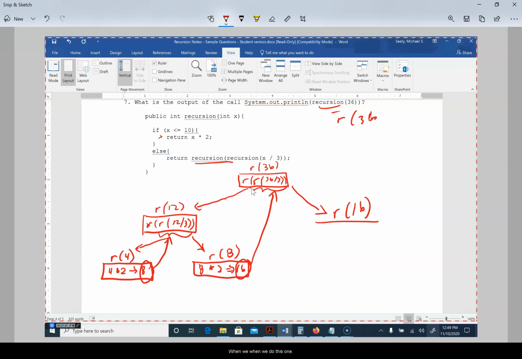And when we do this one, we've got R16 divided by 3. Okay, and then here, 16.